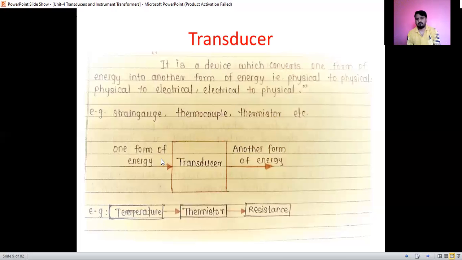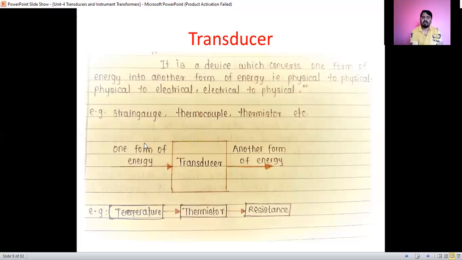Here is the basic block diagram. The transducer is there; we give one form of energy as input and it converts it to another form. If we give a physical form, it gives an electrical form. We can also consider analog to digital conversion. And if we give an electrical signal, we get a mechanical or physical signal. That is the thermistor and resistance.